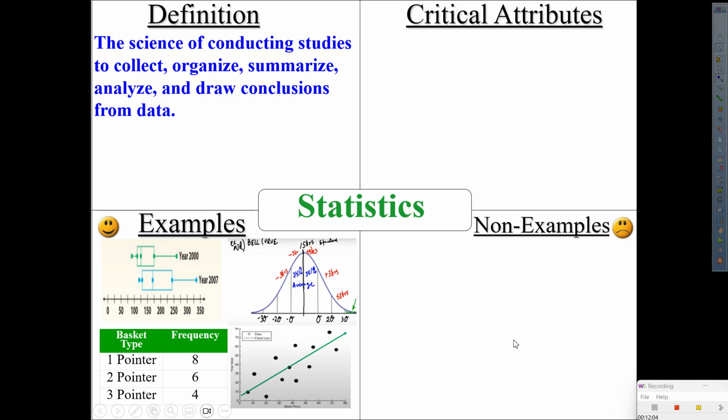Camila, why are these non-examples? What do you notice on these? There's no data, but I can argue that maybe there is, but what kind do we have here, though? Compared to what we've been doing in the beginning of the school year.